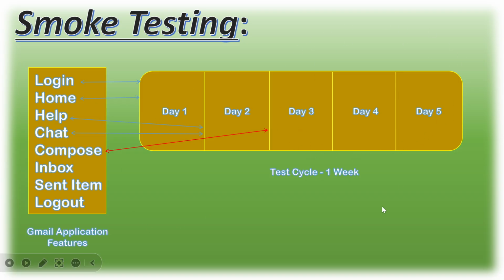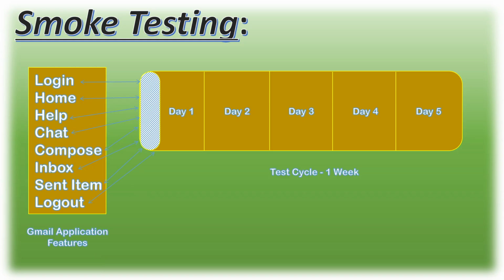So to avoid all these situations, what exactly can we do? In day 1 itself, whenever we get the build, immediately in day 1, we can start checking the basic and critical features. That means whether all these features are testable or not.